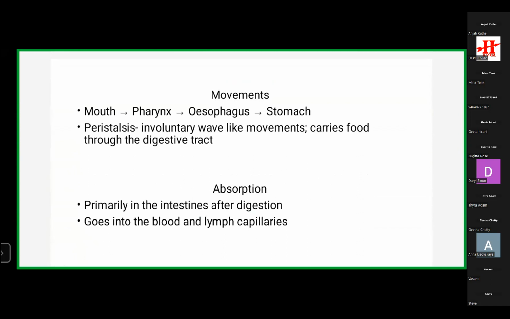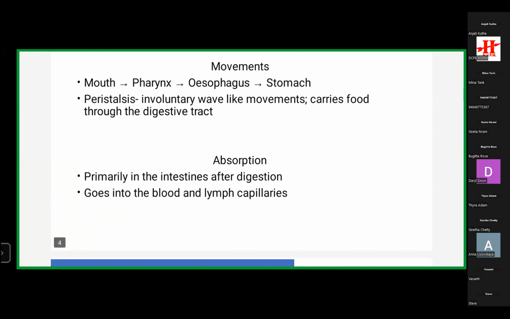The passage, the alimentary tract, basically contains two parts. One part is the actual organs taking part in the process of digestion: the mouth, the pharynx, then esophagus, stomach, small intestine, and large intestine. And the accessory organs for digestion include certain glands like liver, gallbladder, pancreas, and so on.